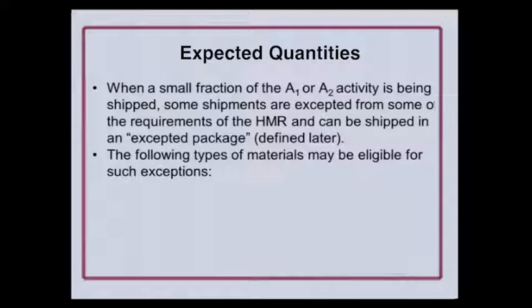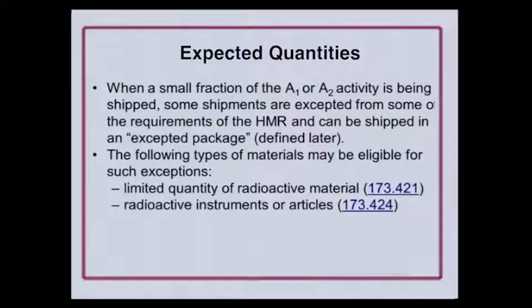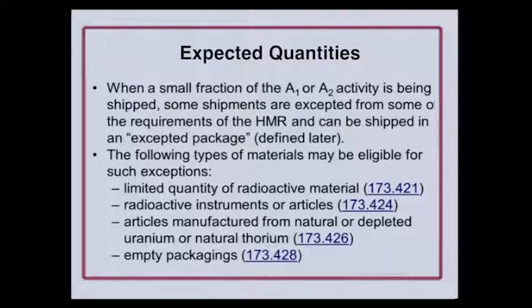And here's the types of materials that you're looking at that you may apply accepted quantities to. This thing called limited quantity, if you go to that link, it gives you the specific radioisotopic quantities. Radioactive instruments or articles.